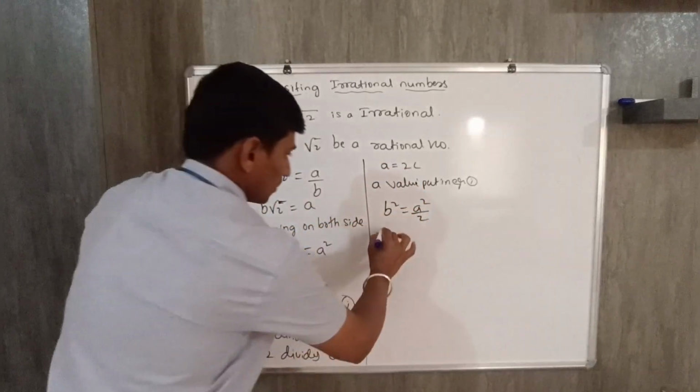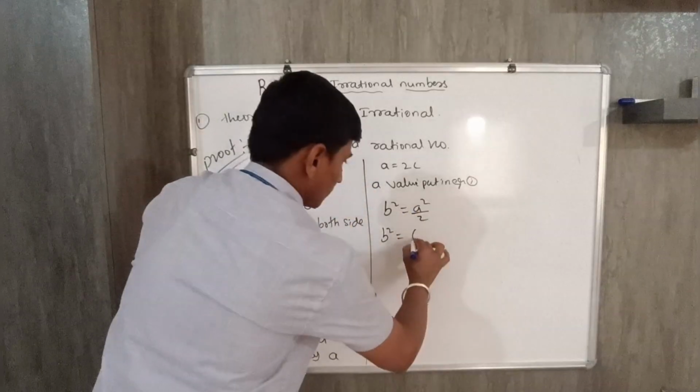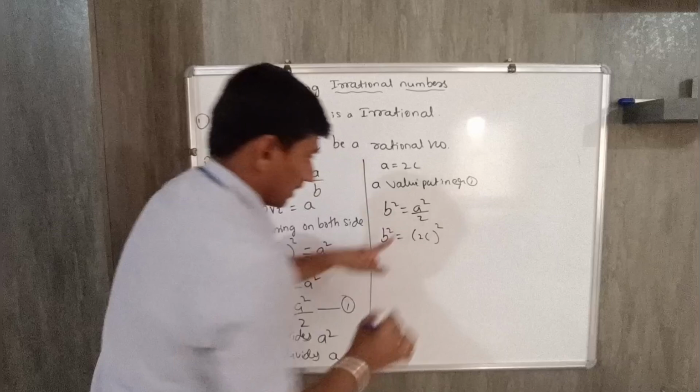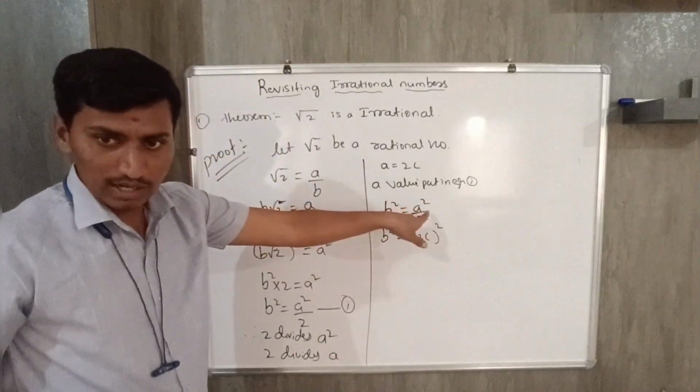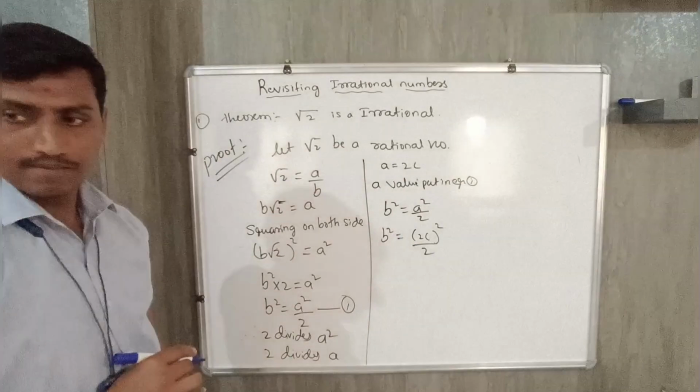a square is there. So now b square equal to, a means what? 2c whole square, because a square is there here. So the whole square by 2, right?